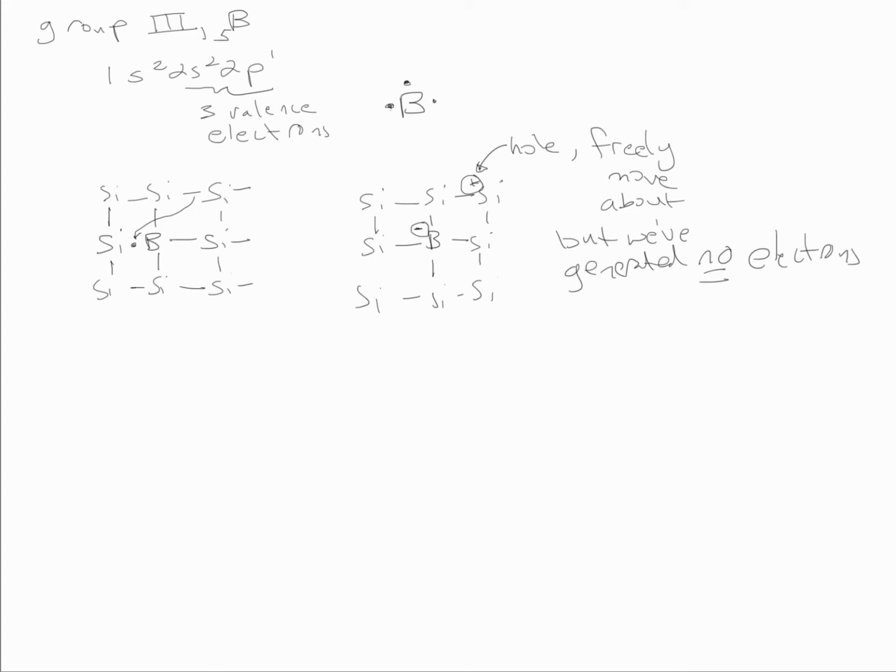And again, we could calculate the formal charge on the boron. In the first case here, we have the formal charge is equal to the number of valence electrons minus the number of electrons that aren't involved in a bond minus 1/2 of the 6, which is going to equal 0.